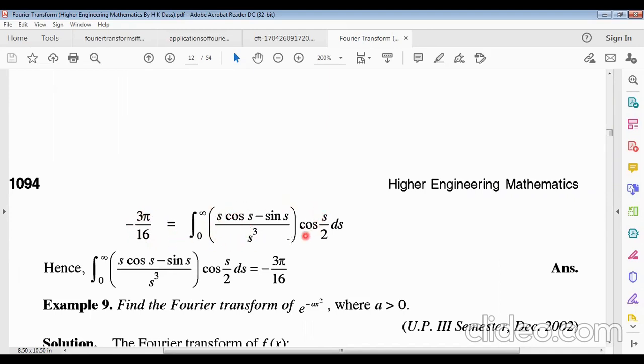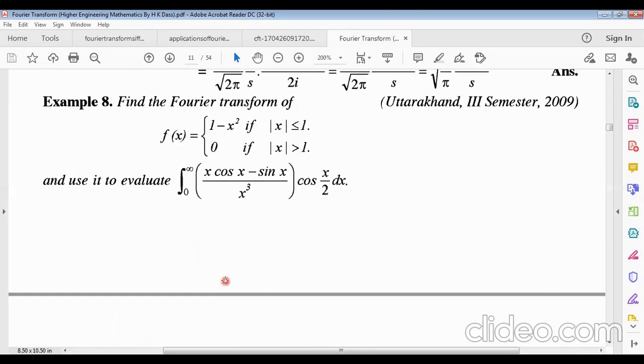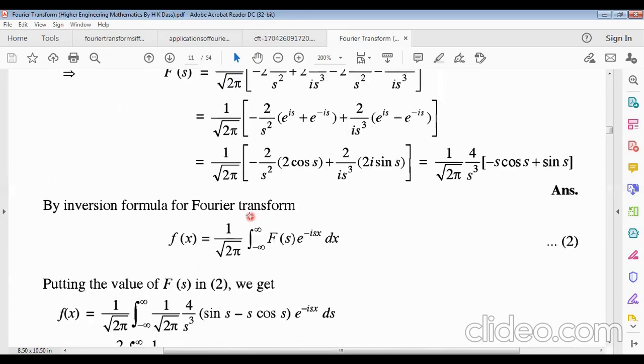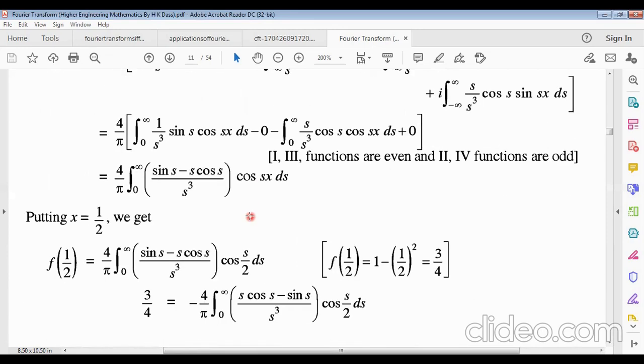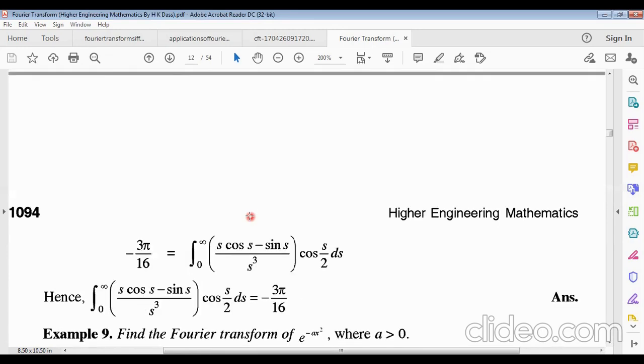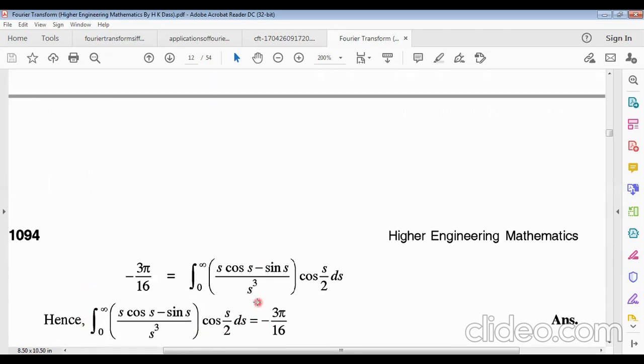So actually this is the required integration for us, because in our question we have to find out this. Okay, actually a little big for you. I hope if you do practice and use the basic concepts, you can find these integrals.